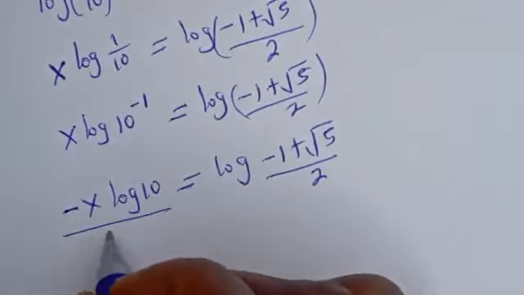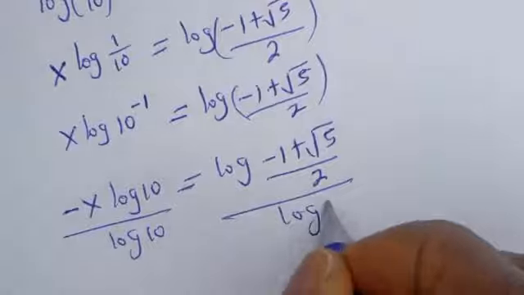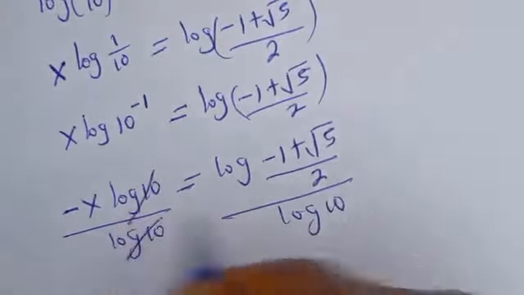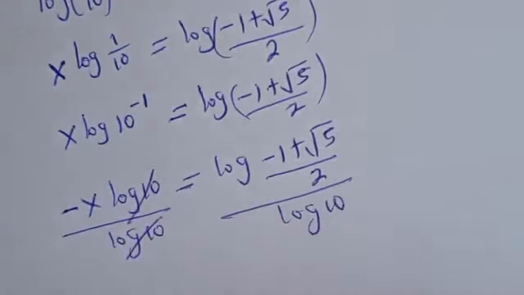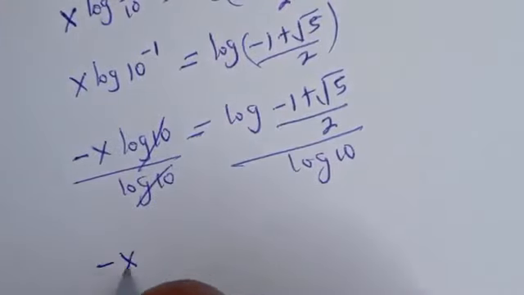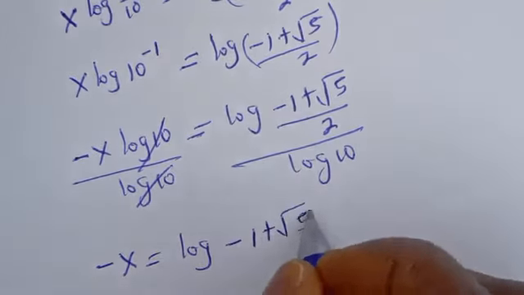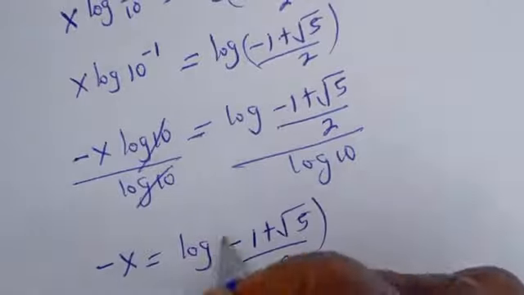Then let's divide both sides by log 10. This will cancel this, and of course log 10 is equal to 1. So the whole of this can be written as minus x is equal to log of minus 1 plus root 5 over 2.